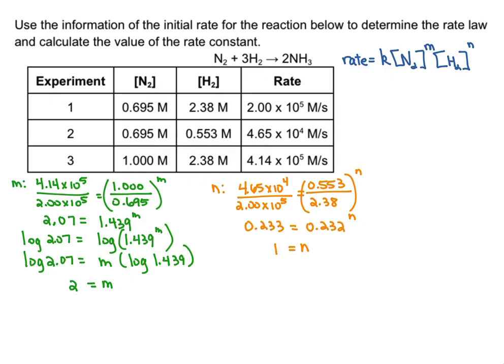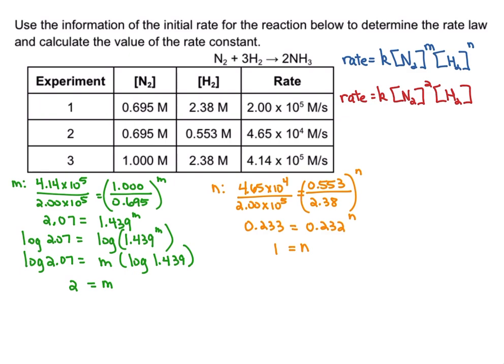Now that I have my coefficients, I can go ahead and write down the rate law. Rate equals K times the concentration of N2 raised to the power of 2 times H2 raised to the power of 1. The next thing I want to do is solve for my K. So I'm going to go ahead and plug in some numbers, and it really doesn't matter which experiment I go with.